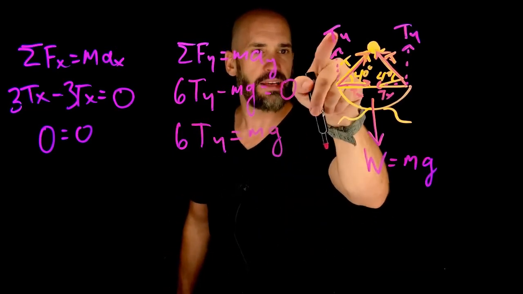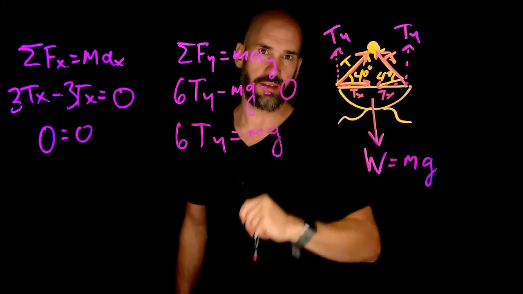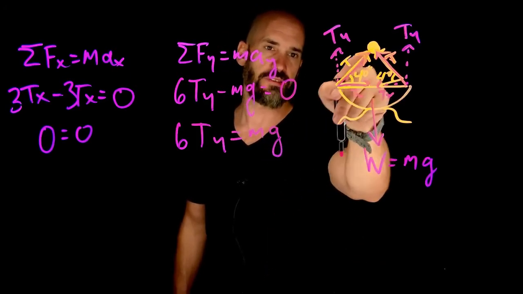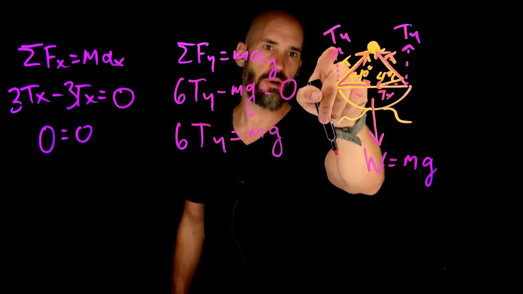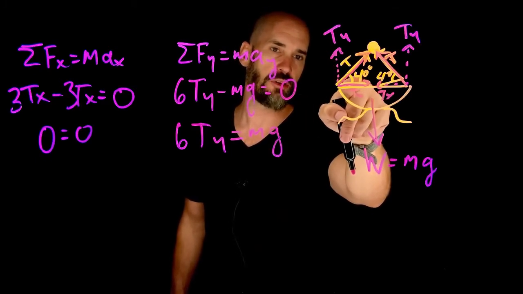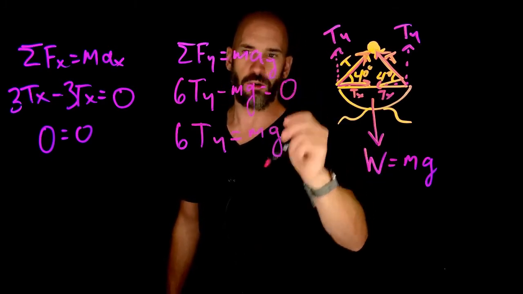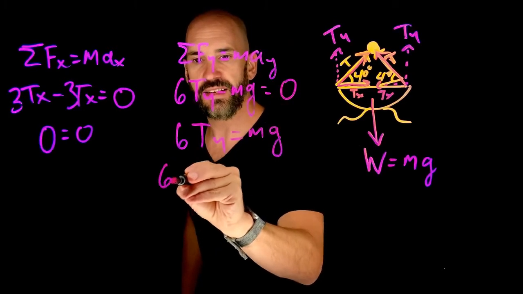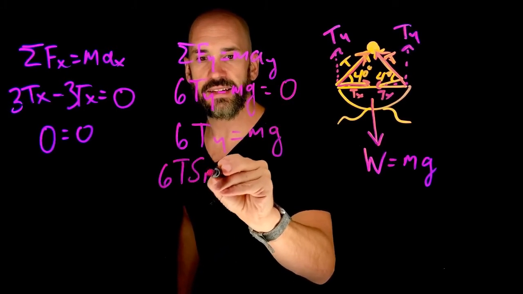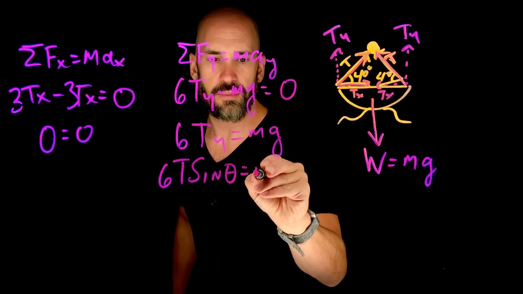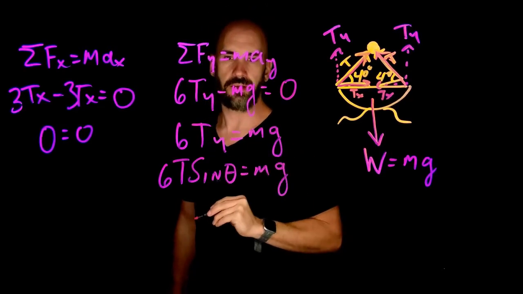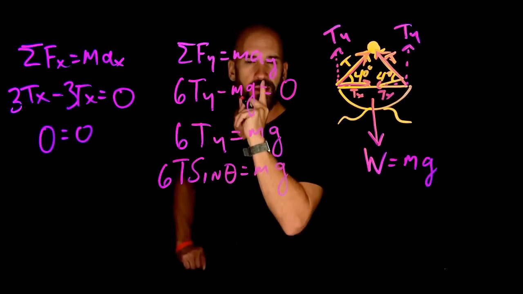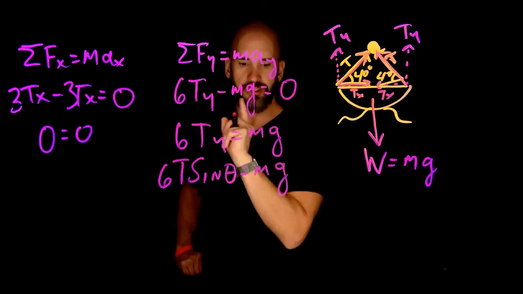Now, we need to remind ourselves, what is Ty? Well, Ty is going to be the sine component of this angle, the sine component of this vector, but since this component is not actually touching the 40 degrees, it gets the sine, not the cosine. So this actually becomes 6T sine theta equals mg. Okay? And so this is much more interesting.